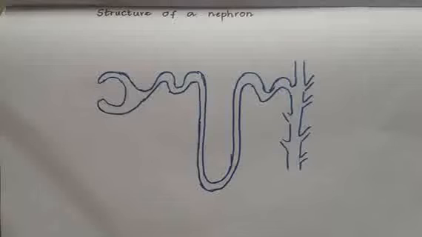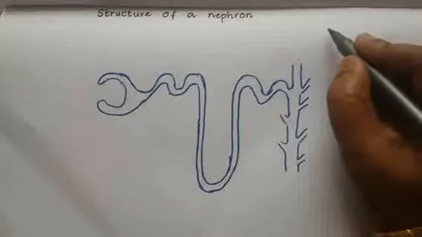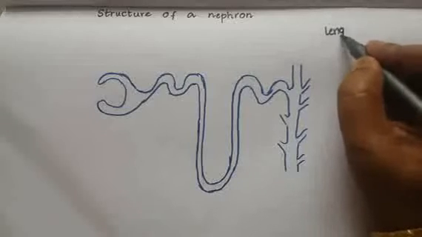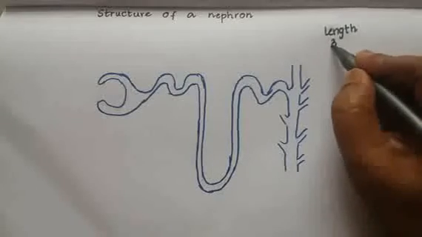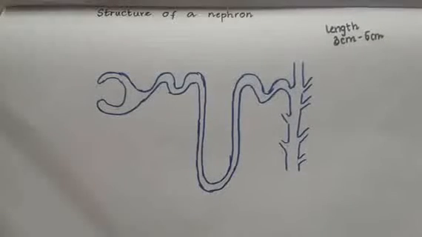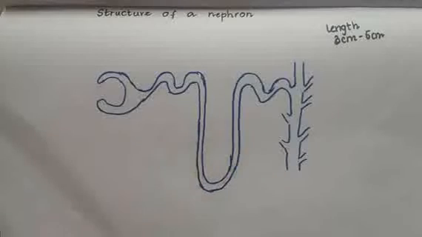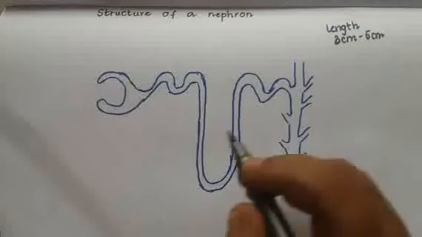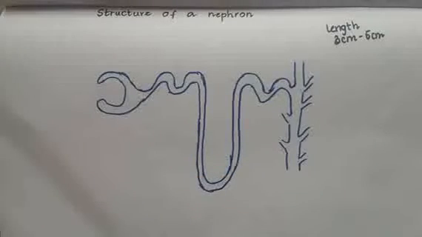The length of a nephron may vary from 3 centimeters to 5 centimeters. Each kidney has around 1 million nephrons, helping in the formation of urine. If you look at the nephron, it has a number of parts. So let us begin with the first part of the nephron.